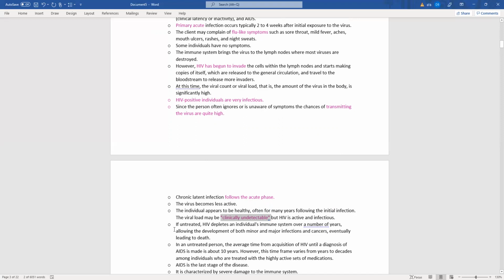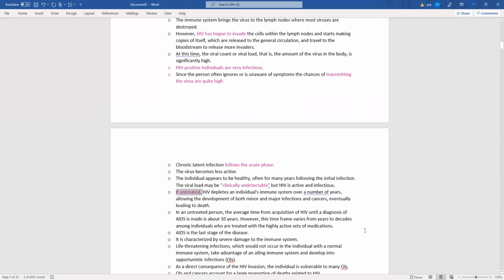They still got HIV. If untreated, HIV depletes an individual's immune system over a number of years, allowing the development of both minor and major infections and cancers, eventually leading to death. So they have to treat this or it's going to turn into AIDS, and you're going to get sicker and sicker and die.